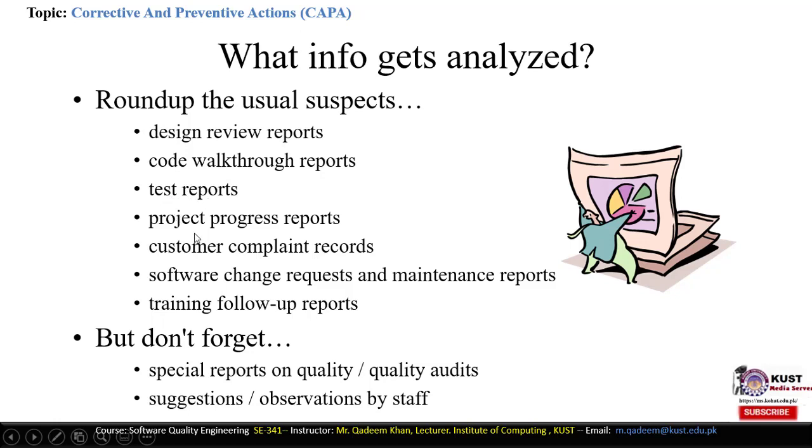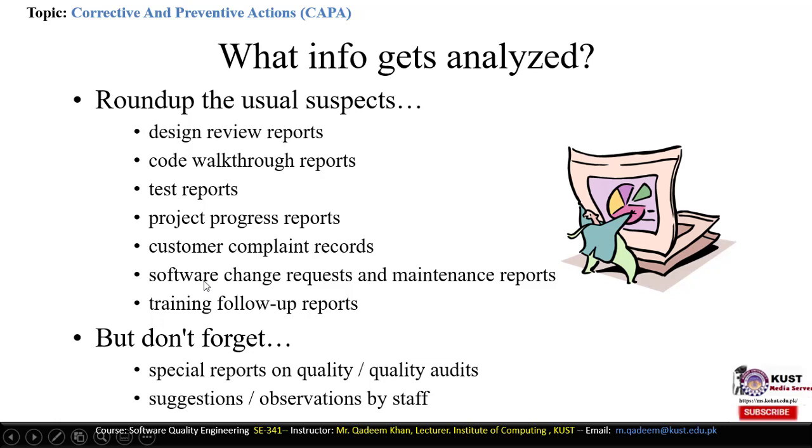Project progress reports. Those are the reports which define the status of the progress of the project. So they are also required to be reviewed. Customer complaint records. If there are certain complaints that are filed by the customers, then these complaint reports should also be analyzed, and they will act as suspects for our CAPA process.